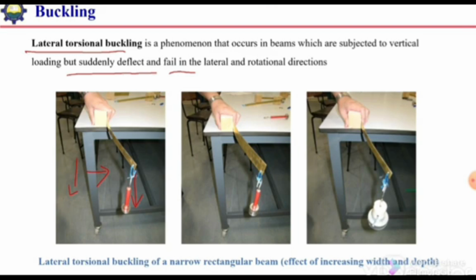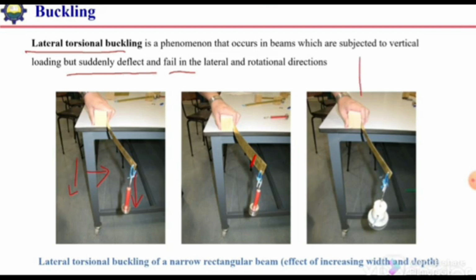If we want to improve resistance to lateral torsional buckling, we need to improve its moment of inertia or the stiffness in the lateral direction. If we increase the depth of the member, it will not significantly affect the lateral torsional buckling. But if we increase the width of the member, the second moment of area in the lateral direction will improve.